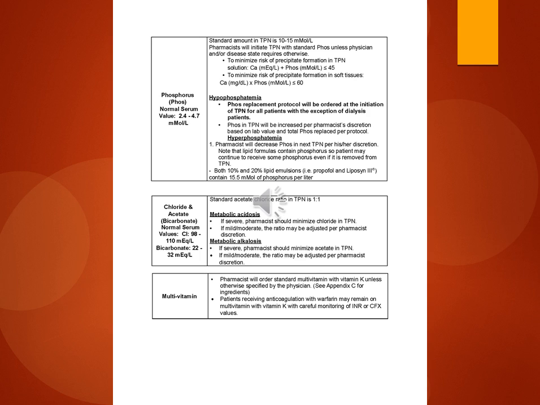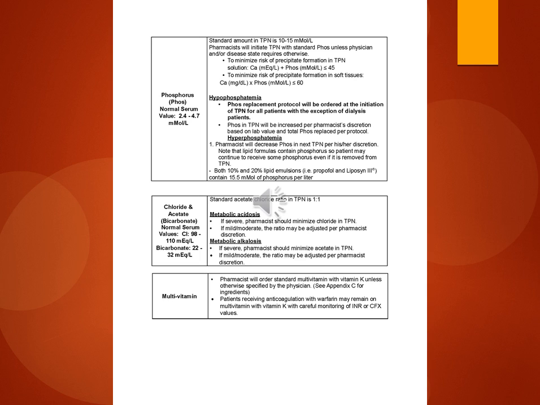Metabolic acidosis: if severe, pharmacist should minimize chloride in TPN. If mild/moderate, the ratio may be adjusted per pharmacist's discretion. Metabolic alkalosis: if severe, pharmacist should minimize acetate in TPN. If mild/moderate, the ratio may be adjusted per pharmacist's discretion.